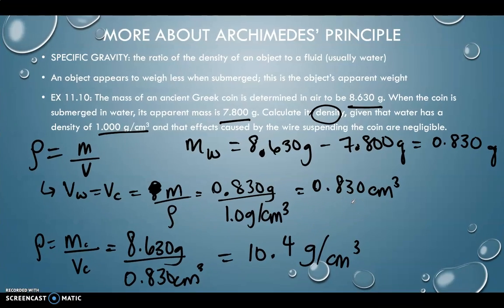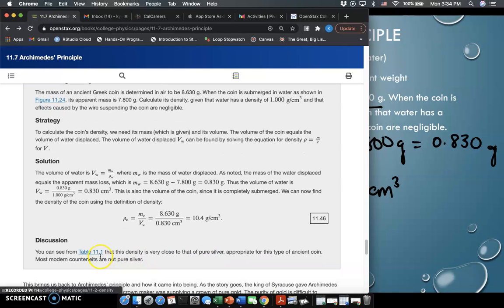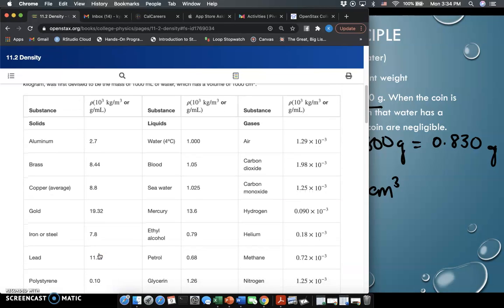Now I wanted to see if our table here will tell us what type of substance this is.